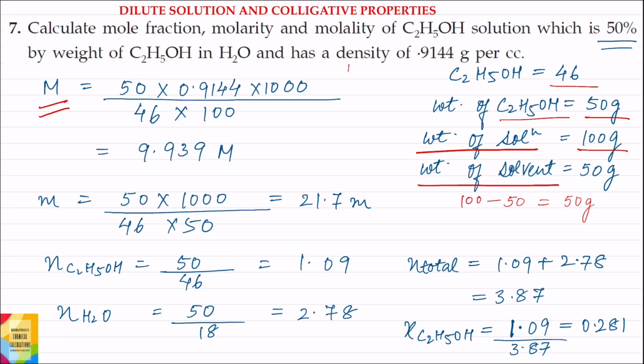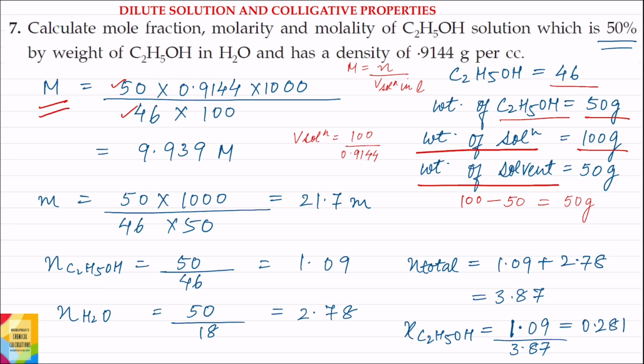Now formula for molarity is moles of solute divided by volume of solution in liters. So moles of solute will be equal to weight of solute divided by molecular weight of solute, that is 50 divided by 46, and volume of solution will be equal to weight of solution, that is 100, divided by density of solution, that is 0.9144 gram per centimeter cube.